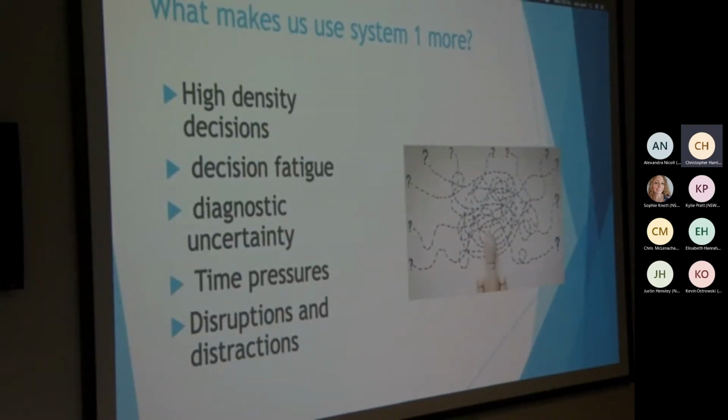So what makes us use system 1 a lot more, because that is where we spend most of our time? It's the environment we work in. I've put a few things there: there are a lot of decisions that need to be made, we get tired of making those decisions, and we often have diagnostic uncertainty. This can be applied to an ED, to a theatre, to a lot of hospital settings.